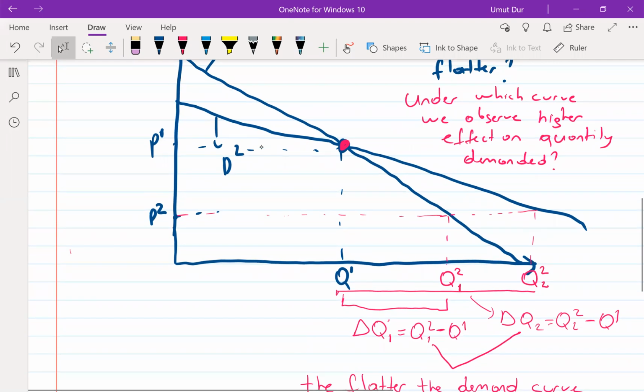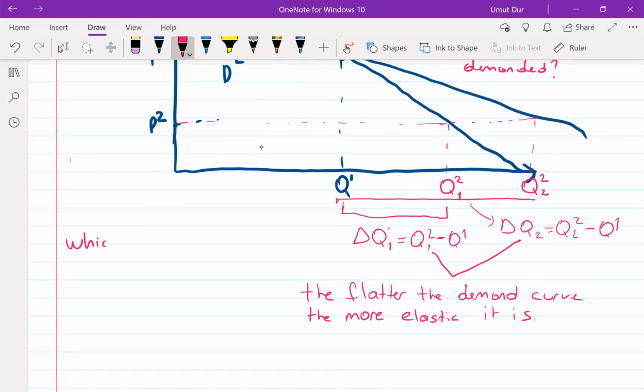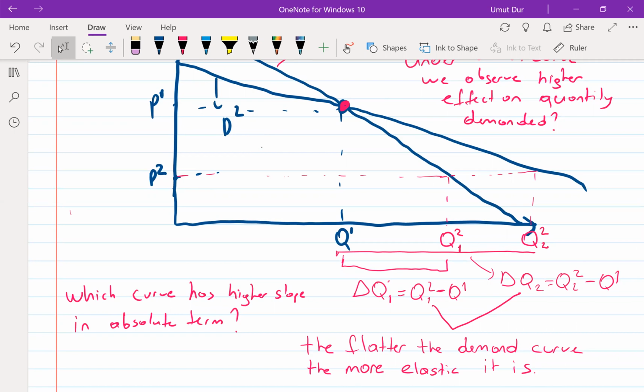In fact, which curve has higher slope? Which curve's slope is larger in absolute terms?